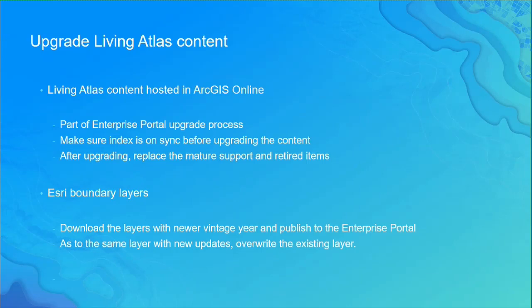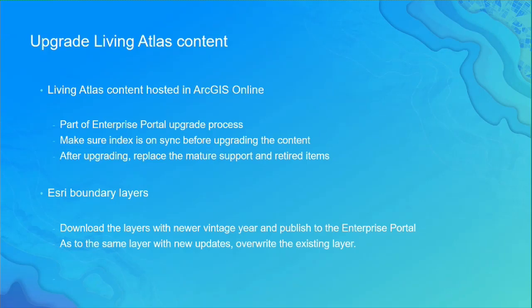For Esri boundary layers, the good news is that you don't need to upgrade your portal if you want to upgrade your content. Throughout the year, My Esri is going to release new vintages of the Esri boundary layers. You can just go to My Esri, download the newer version of the layers, and use Publish Boundary Layers to publish them.